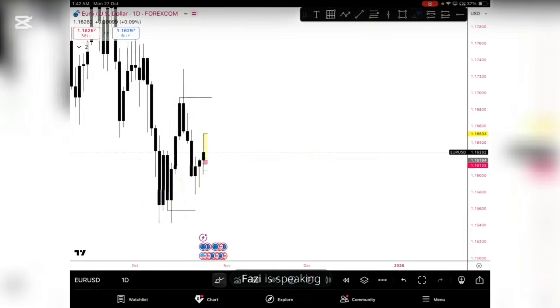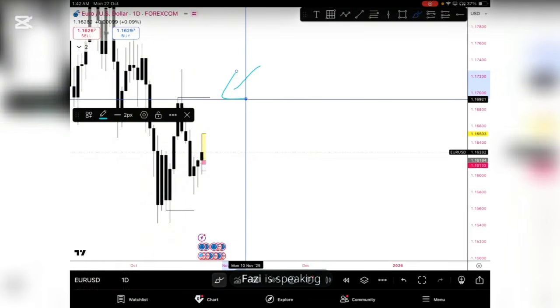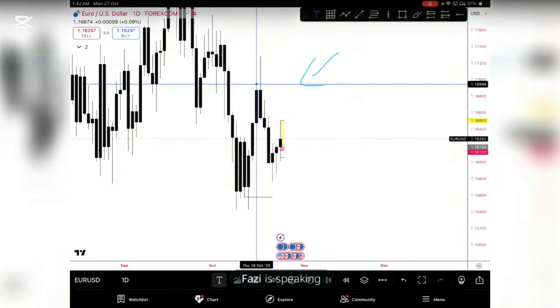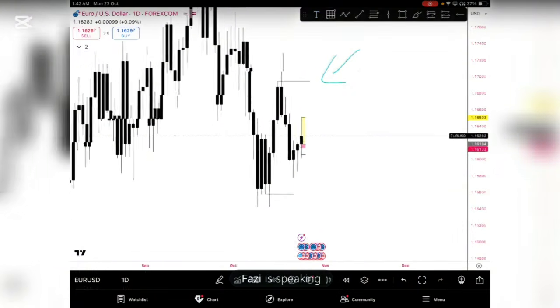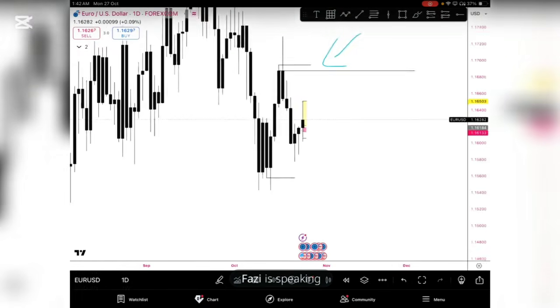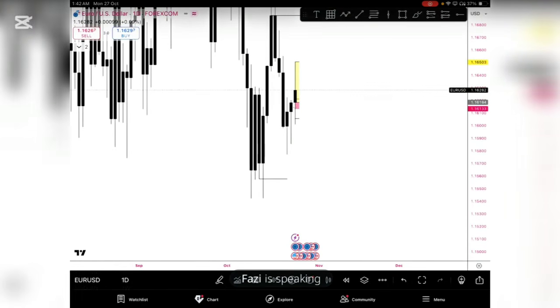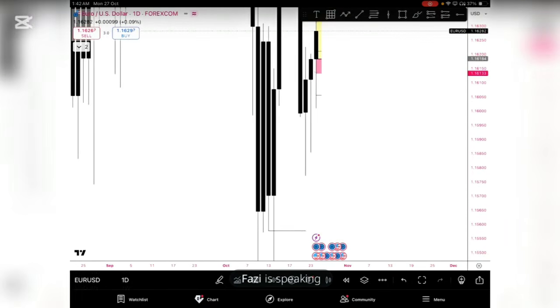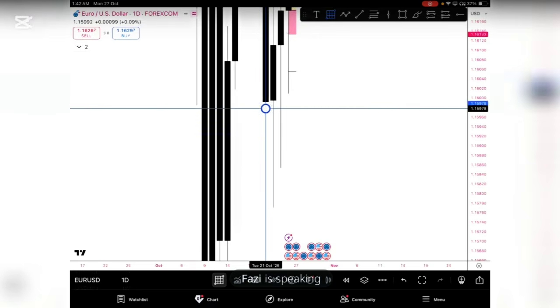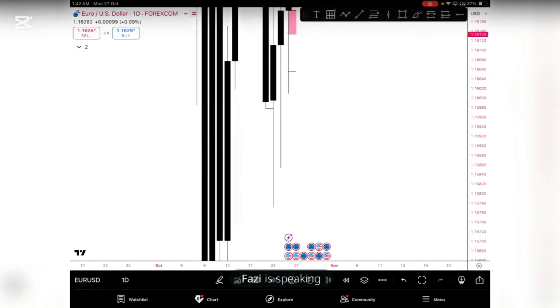So if you are looking for sells, you can take your entries on this V-shaped key level like this. Okay, so let's get into the, you can see this level, we have a sweep on this level too. So we have a sweep here, we have a V-shaped key level like this.